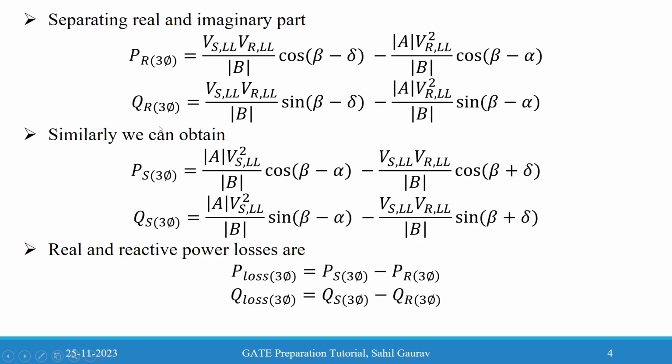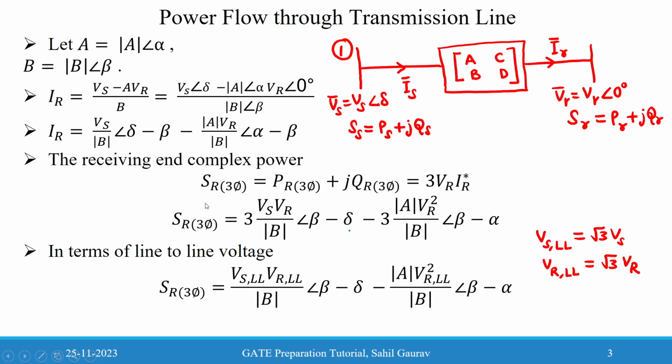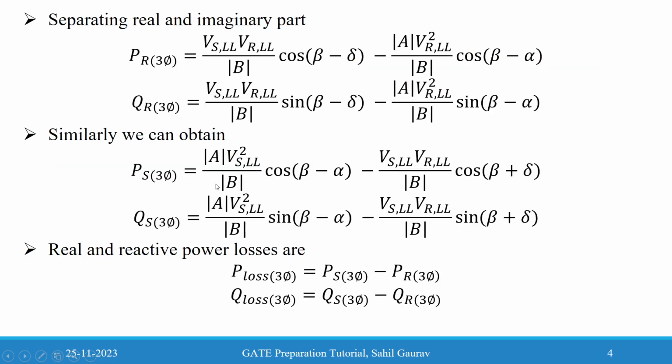Similarly, you can obtain the three phase active and reactive sending end power by writing the equation for the apparent power as 3 Vs I conjugate. I have shown here the receiving end powers. In a similar way you will get the sending end active and reactive power.